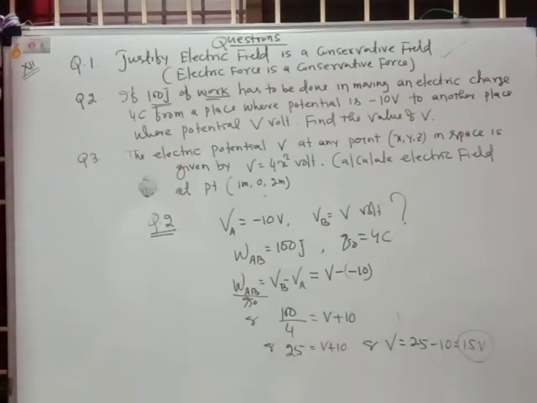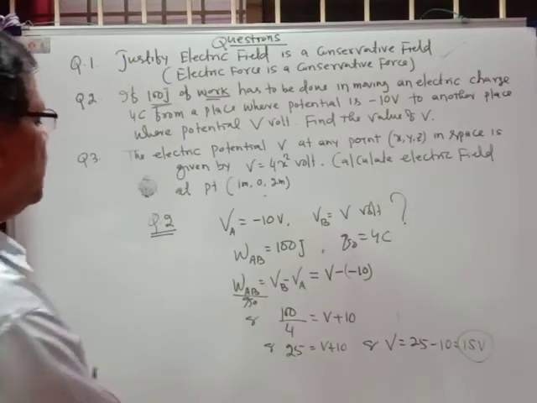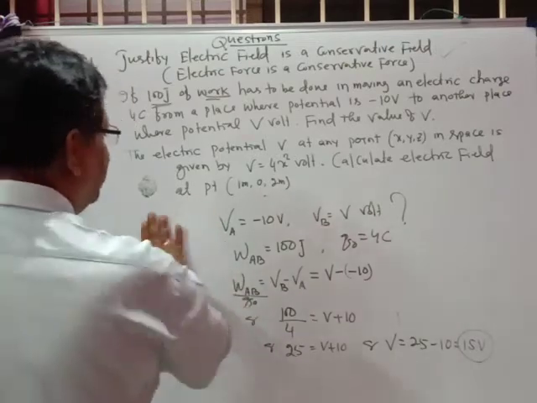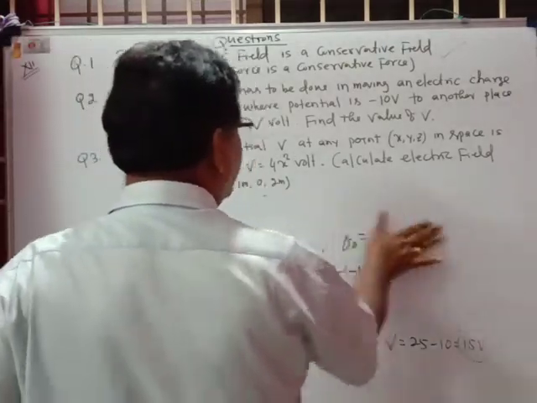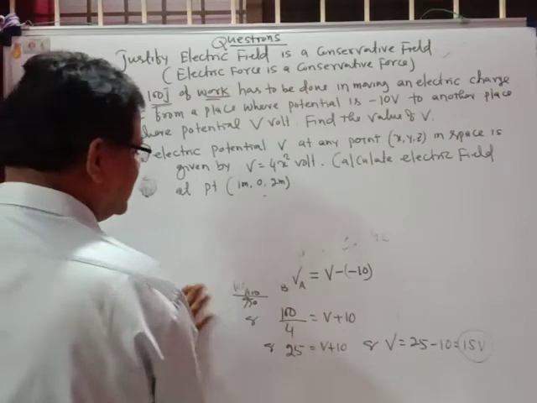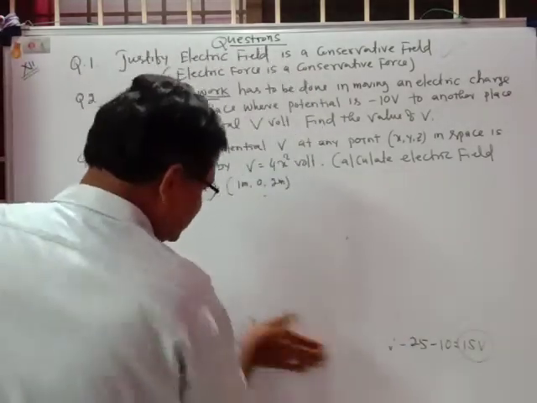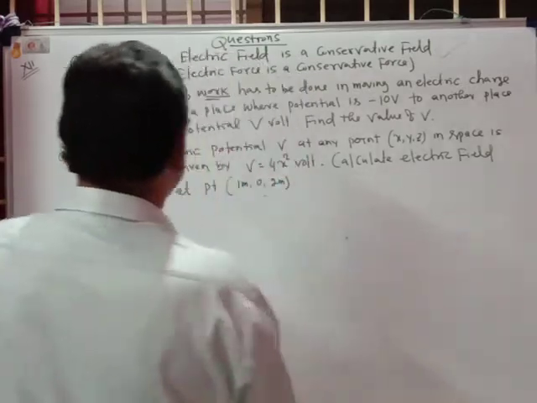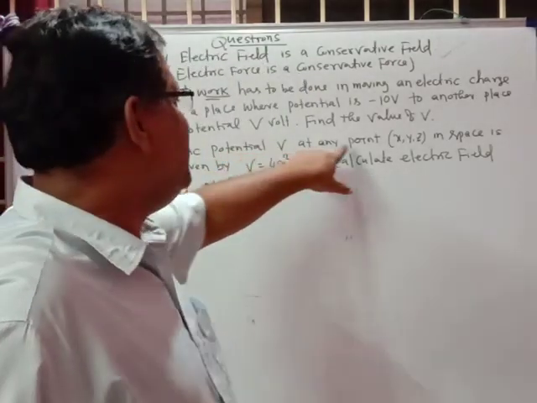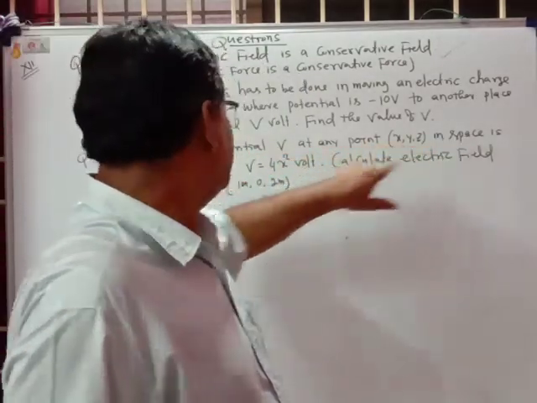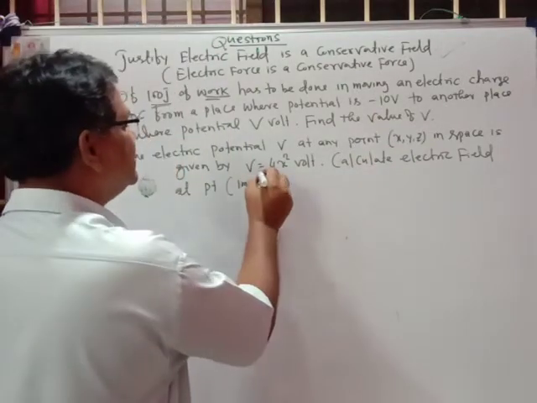The third question is that the electric potential V at any point x, y, z in space is given by V equal to 4x square. Calculate the electric field at that point. This is a non-uniform electric field. A relation is given.